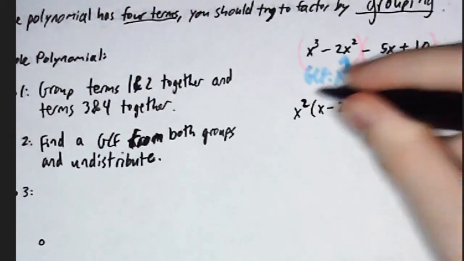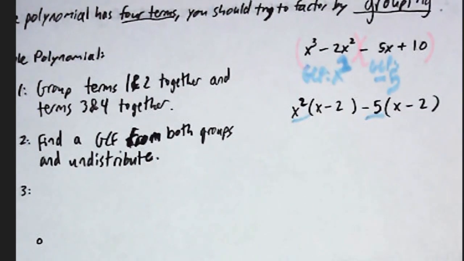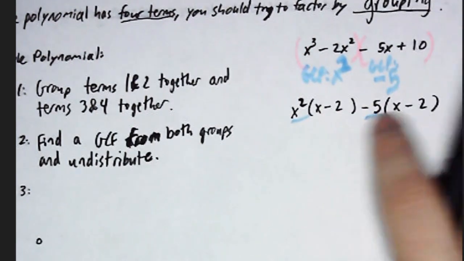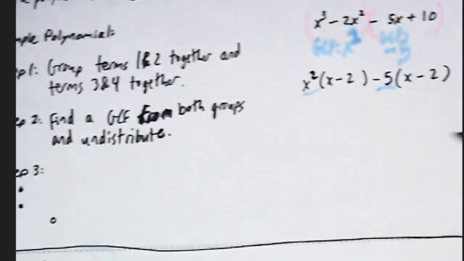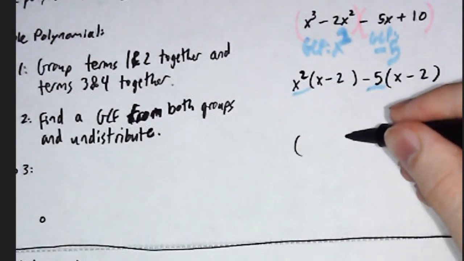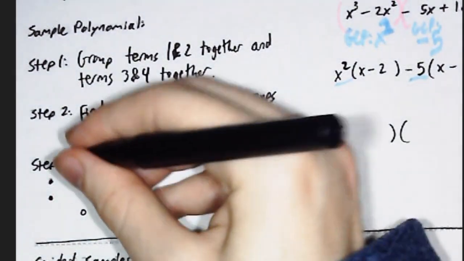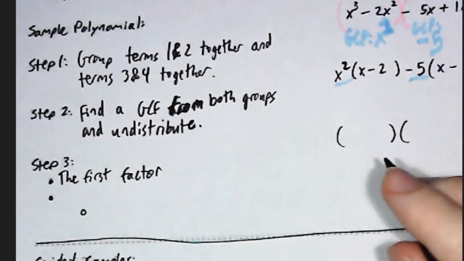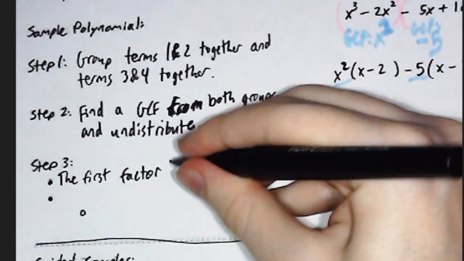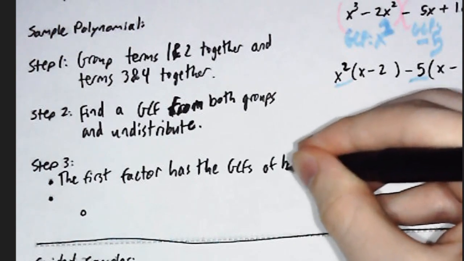And note that if you did this correctly, here are my GCFs from both of the groups, and you should get the same thing in both sets of parentheses. So step number 3 is we're going to write this as 2 factors just like this. The first factor has the GCFs of both groups.